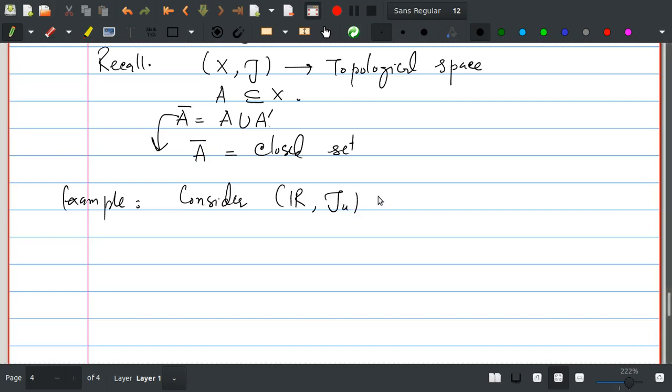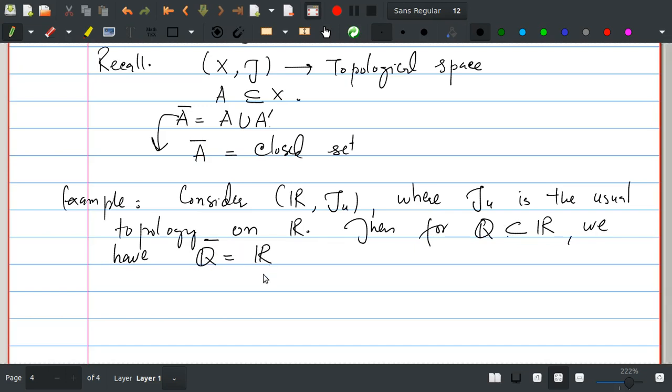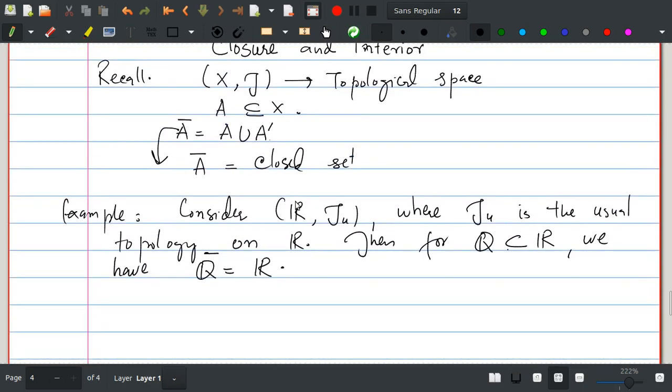So this T_U is actually the usual topology on R. If we take a subset of R, say the set of rational numbers Q, then for Q, which is a subset of R, we have Q closure is the whole set R. That means this Q closure, which is actually Q union Q prime, is equal to R.